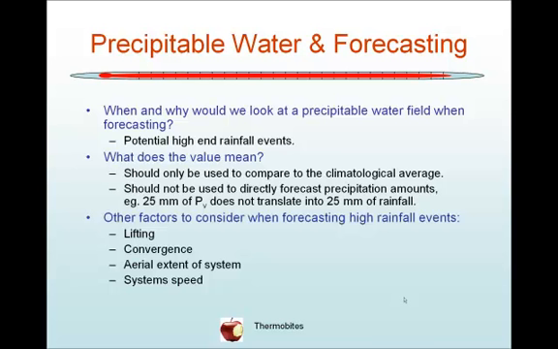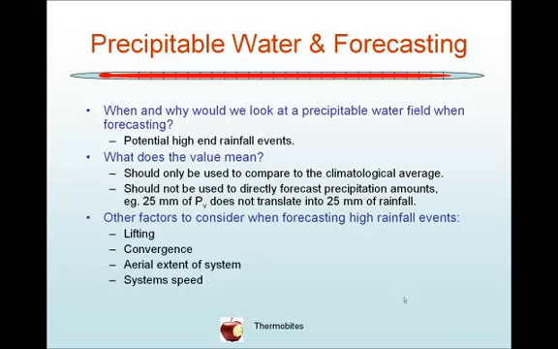And likewise, you can't compare the value and say that's going to be the value of rainfall you're going to get. You never rain out the atmosphere entirely. So for example, 25 millimetres of precipitable water does not mean 25 millimetres of rainfall. There are of course other factors that are involved in high-end rainfall events to be discussed in other courses throughout the year.